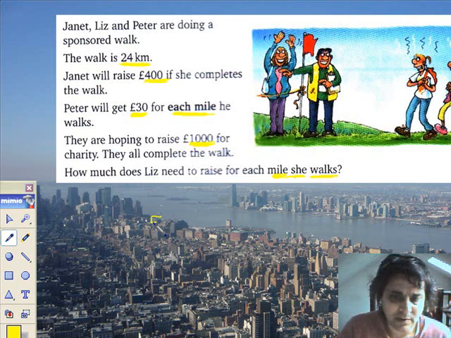Simple ratio. 5 miles again equals 8 kilometres. So that's going to be 5, 8. That's miles to kilometres. And I want 24 kilometres. I can see straight away I've got to multiply it by 3. It's a nice easy convenient sum this.